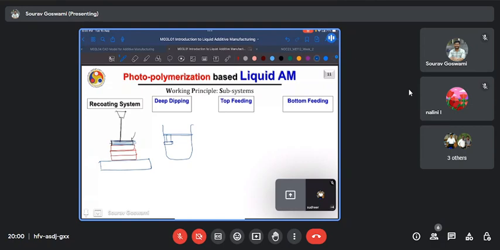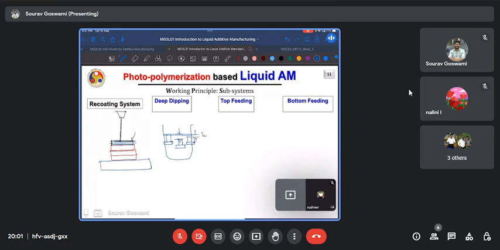Now I will dip this further to bring a layer of resin on top. So this much resin is now extra or coated, and again it will go somewhat further up and be exactly the layer height away.